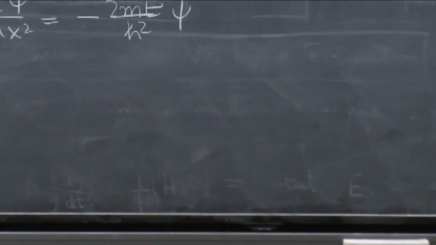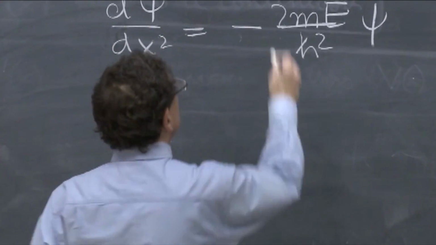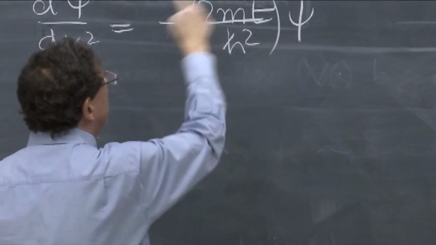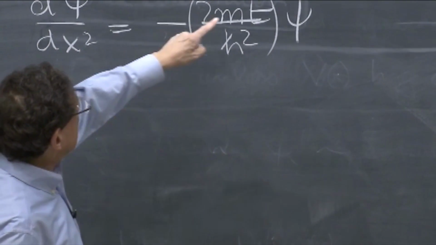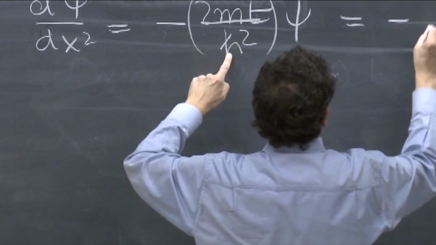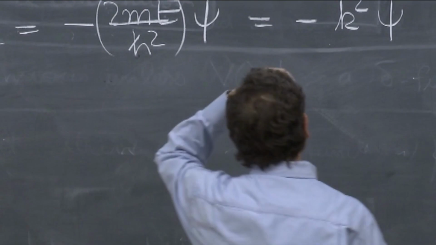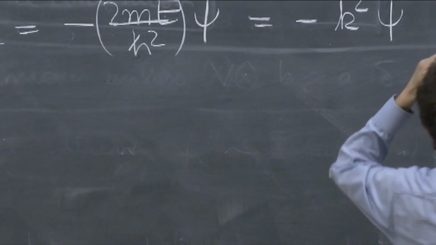And here comes the thing. We always like to define quantities, numbers. If this is a number and E is positive, this I can call minus k squared psi, where k is a real number.